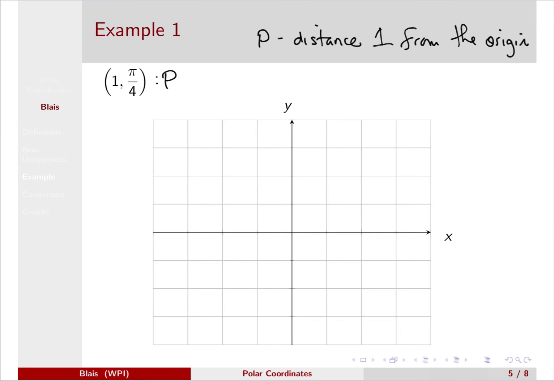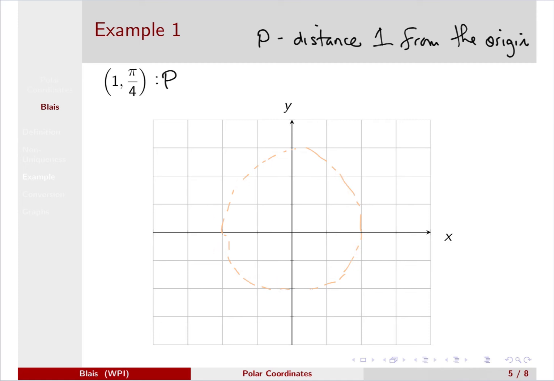To help guide us, we might draw the unit circle, and we know that it has to be on this unit circle.